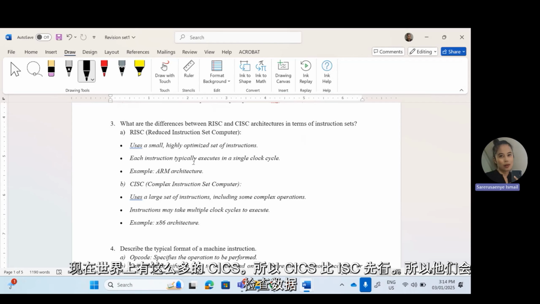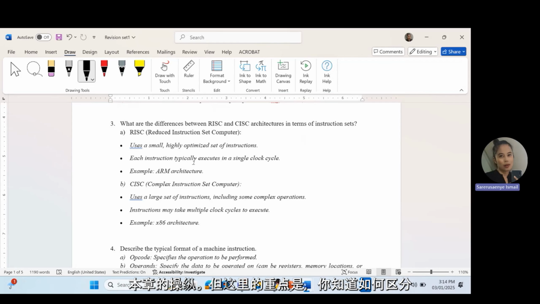CISC came before RISC. There will be a chapter about data manipulation, but the main point here is how to differentiate between CISC and RISC. CISC, the complex one, definitely has a large or huge instruction set. When you have a huge instruction set, it brings complexity for the computer machine to execute it all, and it is not efficient to execute. This was the main challenge at the time.